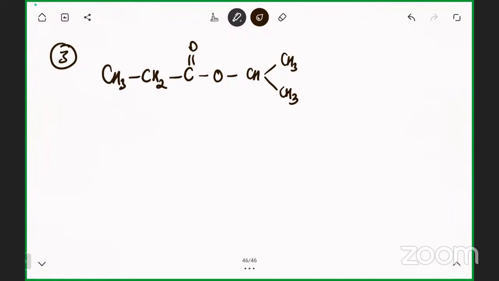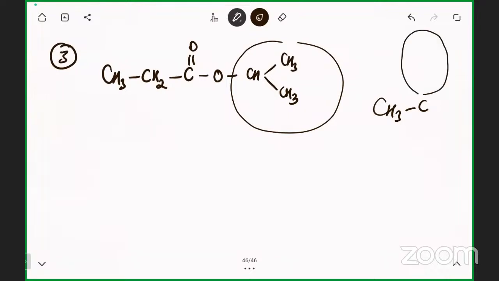Sir, is it propenyl propanoate? Propenyl propanoate is a sort of correct answer, but see, this is called iso condition. When the main chain is this side and we have 3 carbons here, this is the main chain. Just imagine we have bonded a chain over here. So this condition is called iso condition.